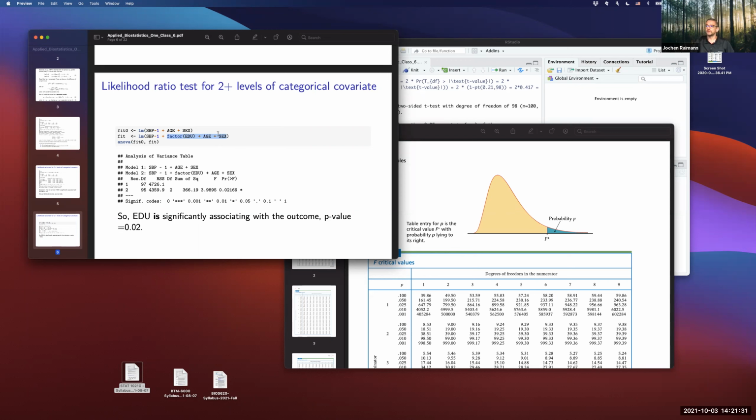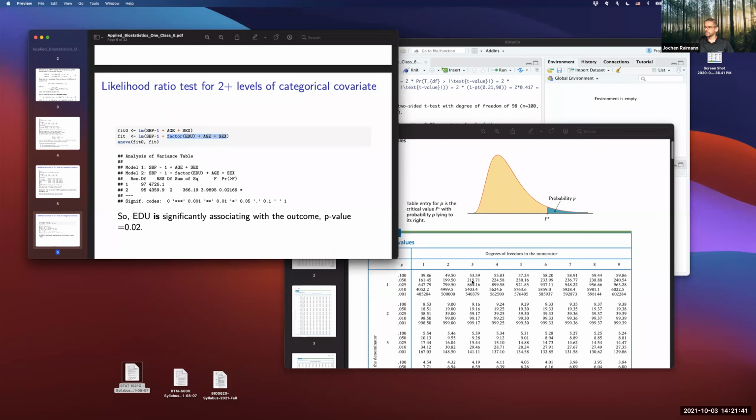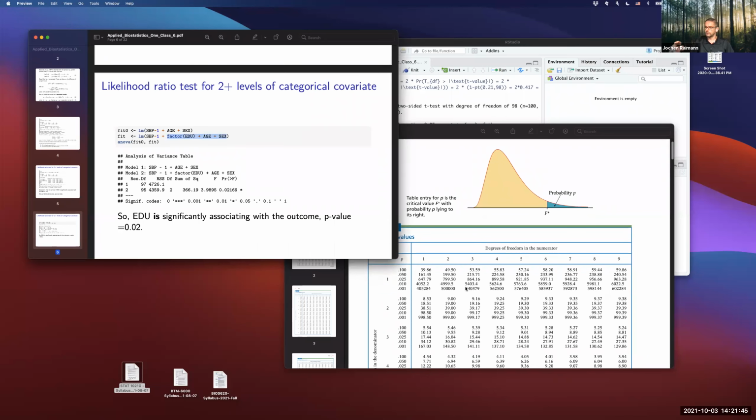We have EDU, age, and sex. Degrees of freedom is 2. So this becomes our between group degrees of freedom. So now we have the between group variability divided by the total variability.